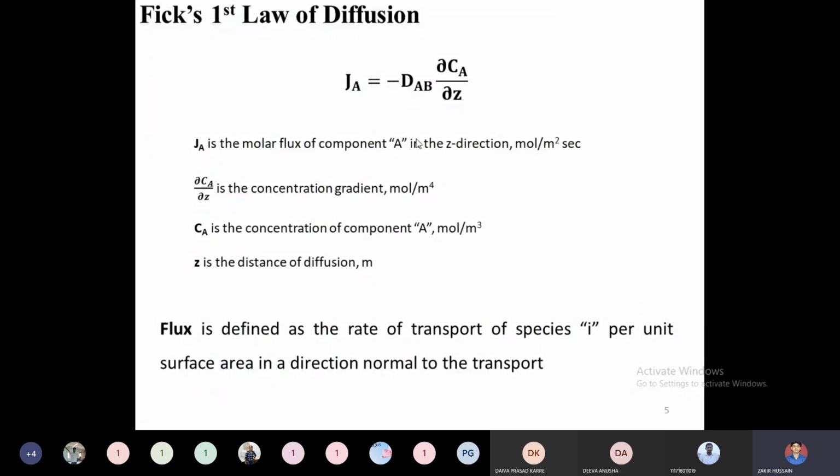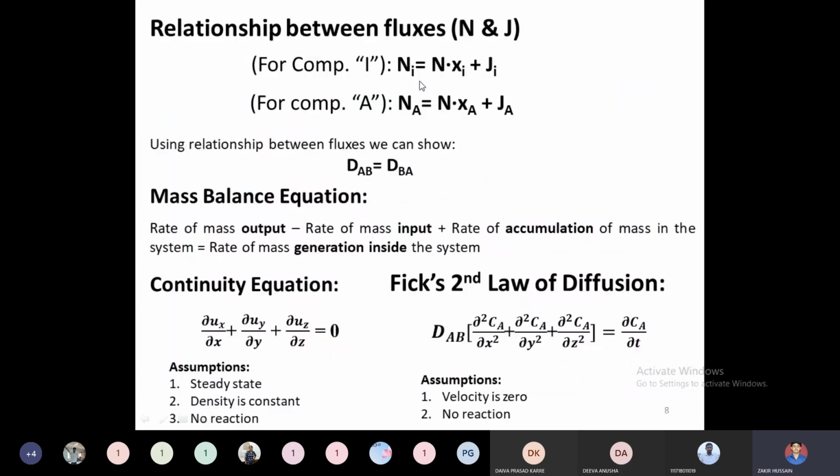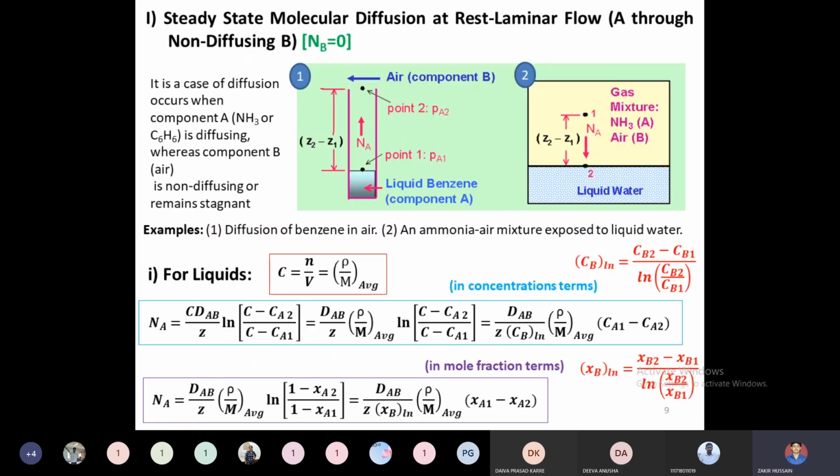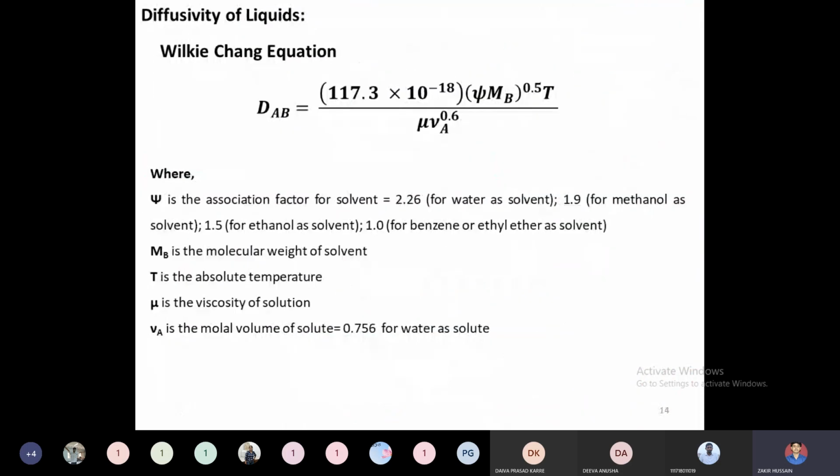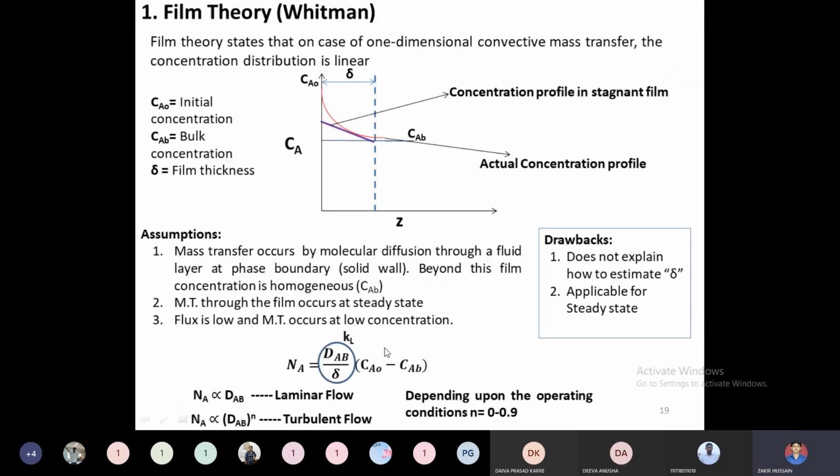Minus, say this one, Ja is equal to minus dAB dou Ca by dou Z. So therefore, from the relationship between fluxes, Na is equal to minus dAB dou Ca by dou Z. What the film theory is saying, instead of Z, is that the film thickness will be a small delta.